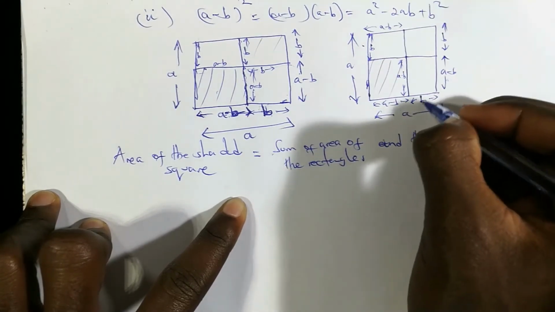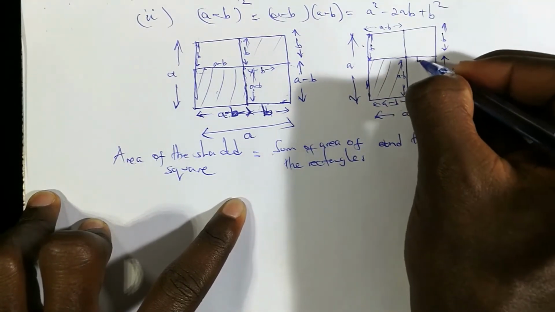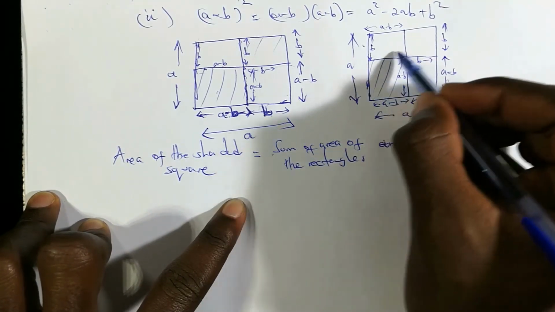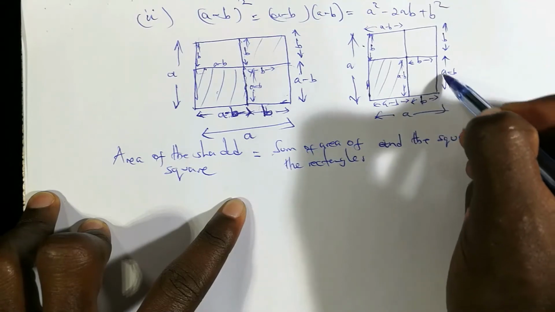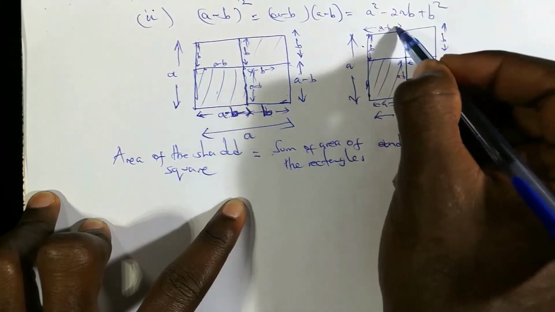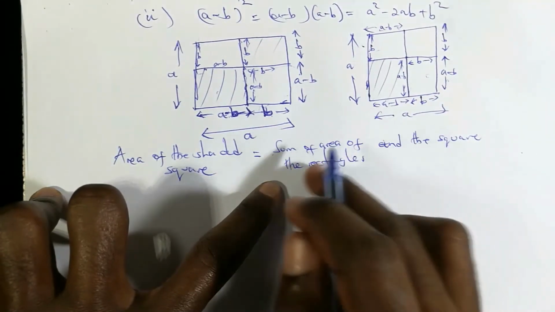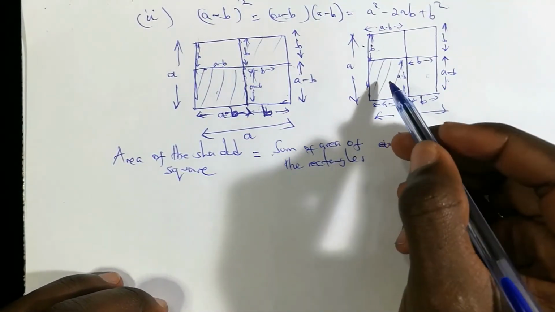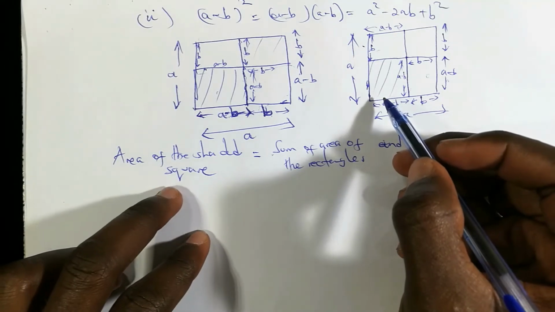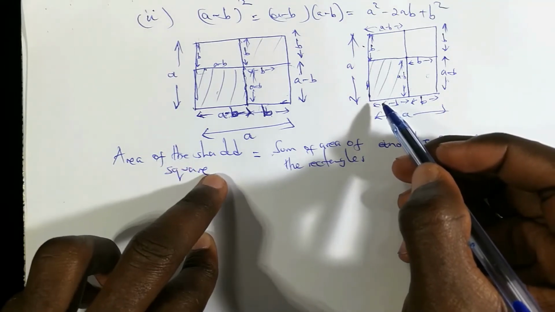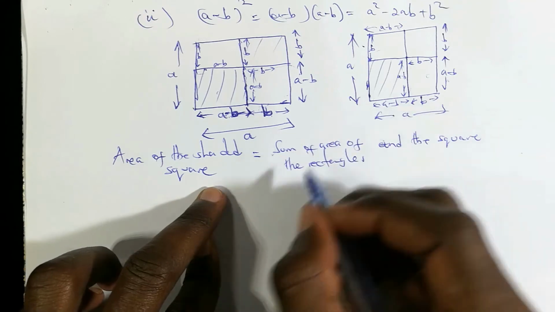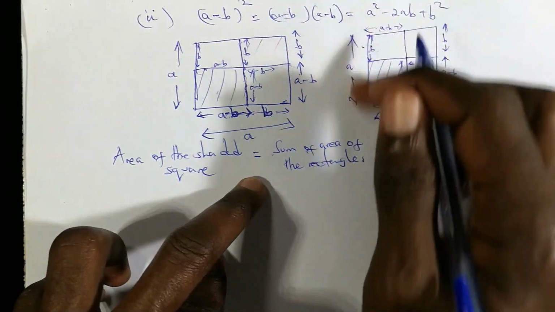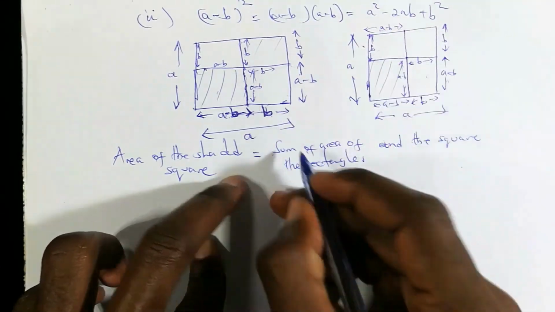Remember, this is a square, this b is also up here, and remember this is a square, this is a rectangle, b here, a minus b here, b here, a minus b. So the sum of the area of the rectangles and this square, just to get the area of the, sorry, it's going to be the area of the whole of the square minus the sum of this, sorry.